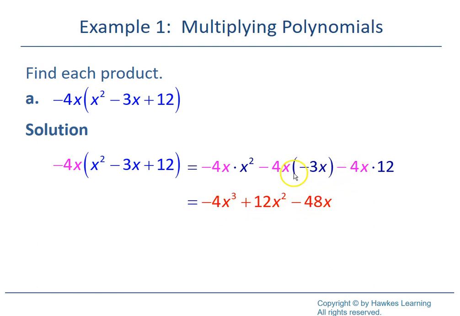Well, you would take out a negative 4x out of each term, and you'd end up with something like this in its factored form. So what we're building you up for here is, right now we're multiplying, but very soon in the future we're going to be factoring things like this, so you end up with that.